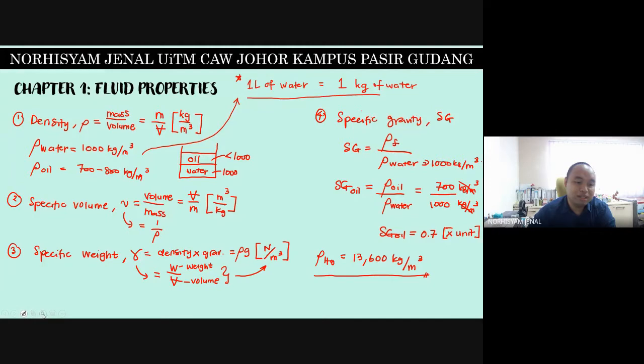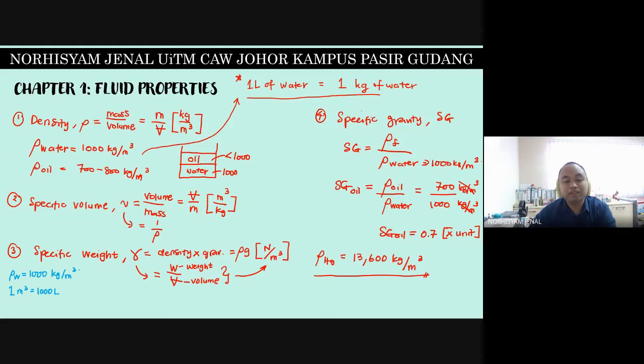Easy. The number comes from this calculation here, from rho of water. So if you have rho of water equals 1000 kg per meter cube, 1 meter cube equals 1000 liters.